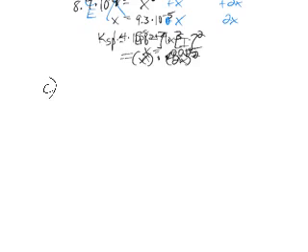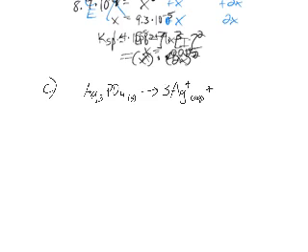Part C. The salt they gave me for part C was silver phosphate, Ag3PO4. Just like the other parts to this problem, we'll start by writing a good dissociation equation. Notice that we need a coefficient of 3 in front of the silver ion in order to make this work.